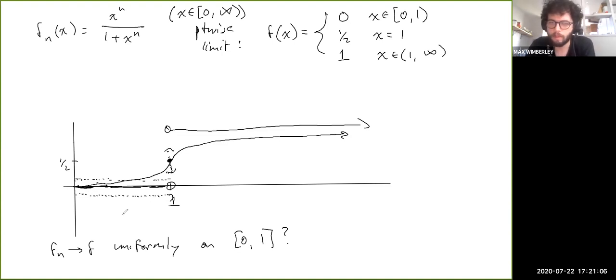That's the definition of uniform convergence.